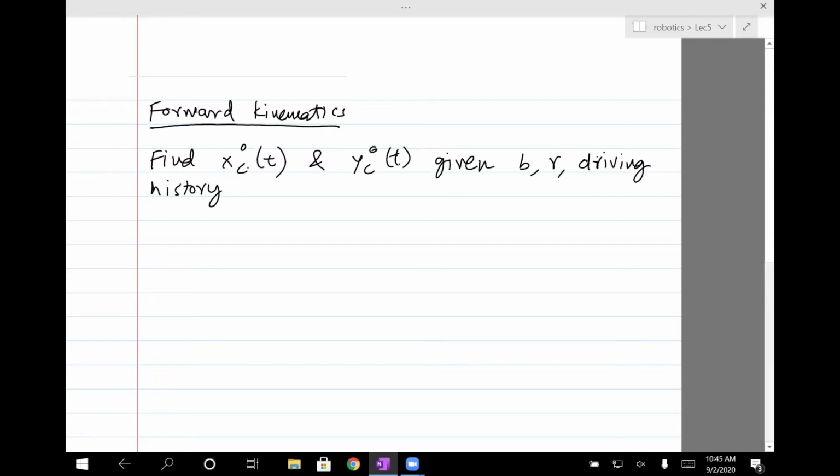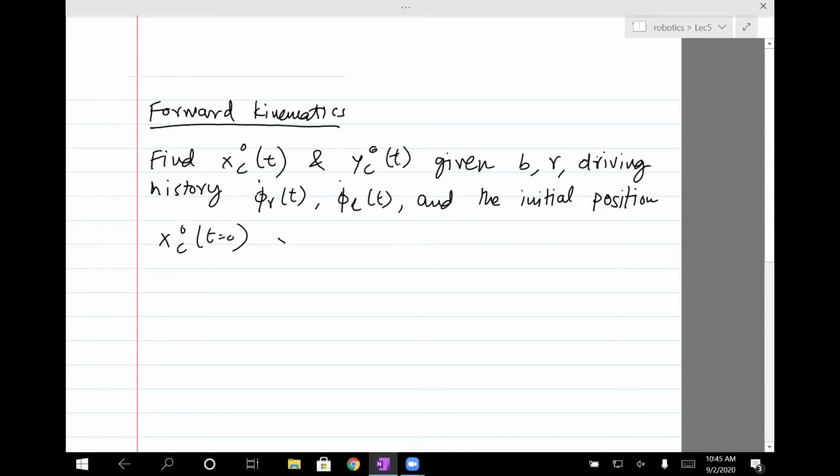That's going to be phi dot rt and phi dot lt, and the initial position. So that's going to be xc0 at time t equals 0 and yc0 at time equals 0.